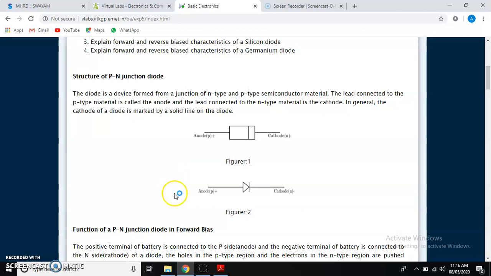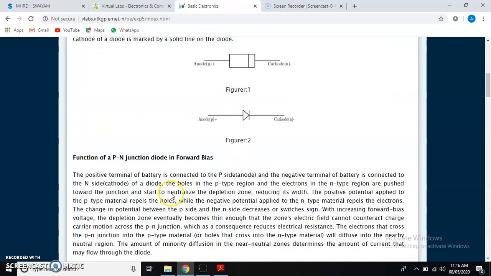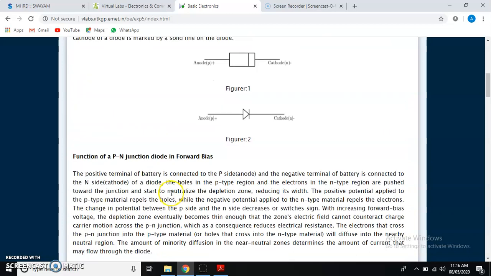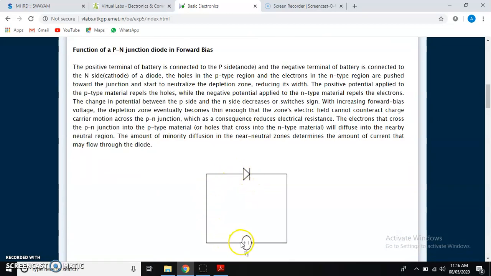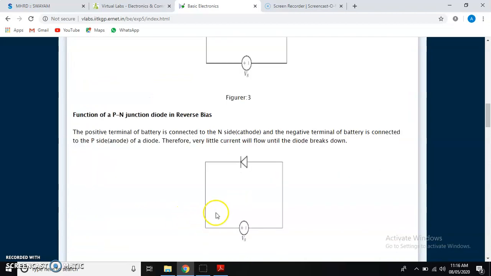As and when external power, an external battery voltage, is supplied, based on the polarity the operations are classified into two modes, forward biased mode and reverse biased mode. In forward biased mode, the anode is made more positive and the cathode is made more negative by connecting it to the external battery. Whereas in case of reverse biased, the cathode is connected to the positive of the battery and the negative of the battery is connected to the anode.